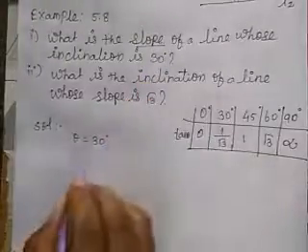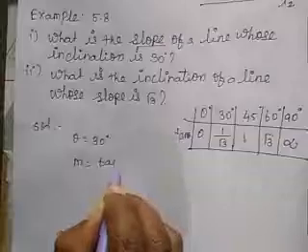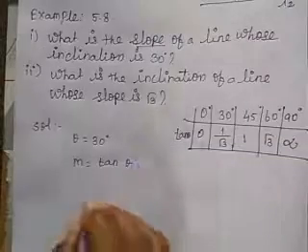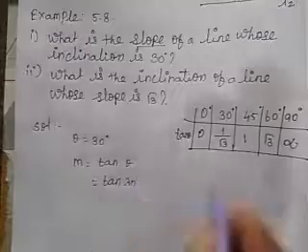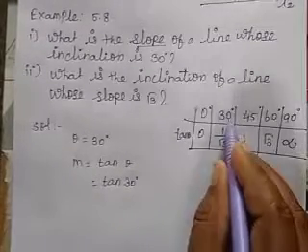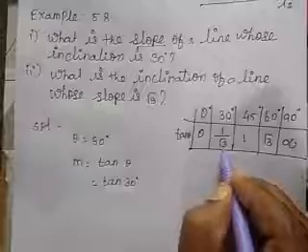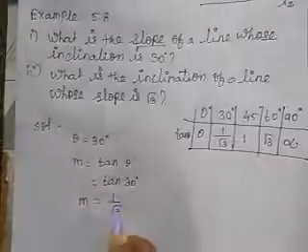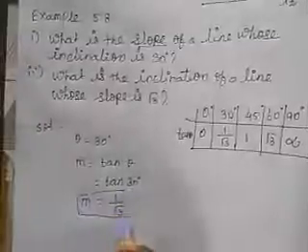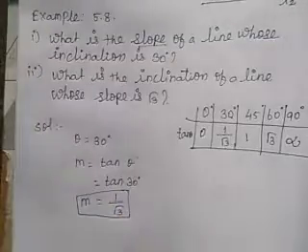Slope is equal to tan theta. So tan 30 degrees, we already studied in our previous class, equals 1 by root 3. So the slope of the line, m, is equal to 1 by root 3.